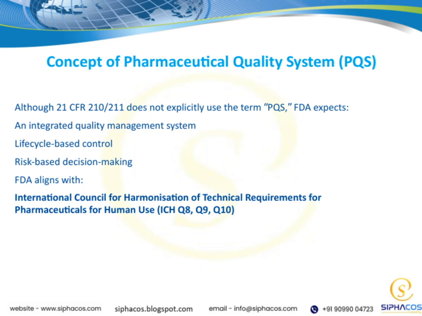These include ICH Q8, Q9, and Q10, which emphasize quality by design, risk management, and continuous improvement. All of these components work together to ensure that pharmaceutical quality isn't just a series of isolated steps, but an integrated, proactive, and globally aligned system. This is the core of what a pharmaceutical quality system is all about, supporting our overall goal of delivering safe and effective medicines.